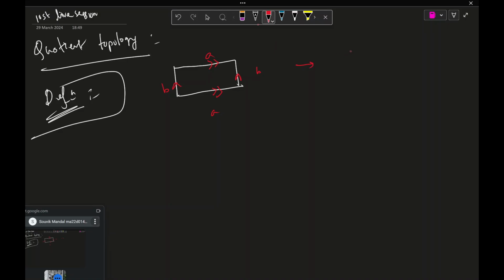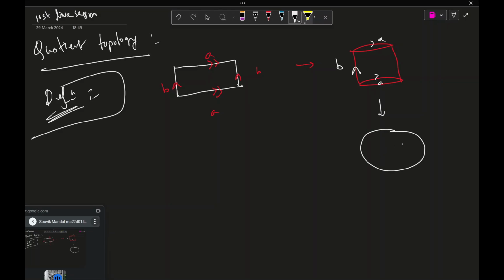We will get something like a cylinder, where this side becomes little b and all these sides become a and a. Now, if we again join the a sides, what will we get? We will get something like a torus.